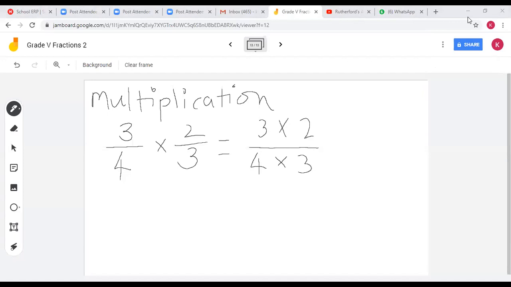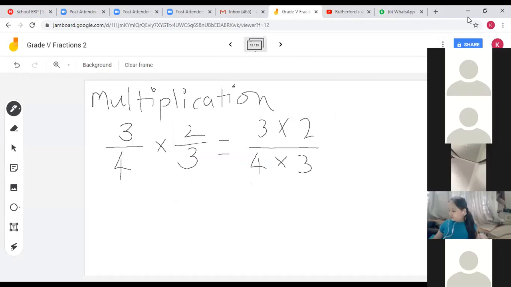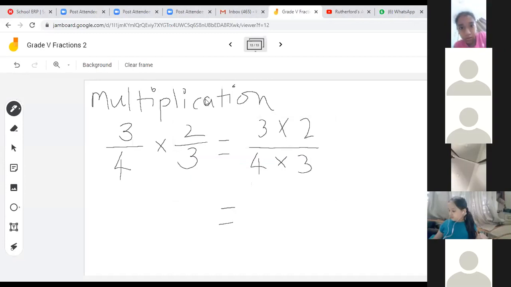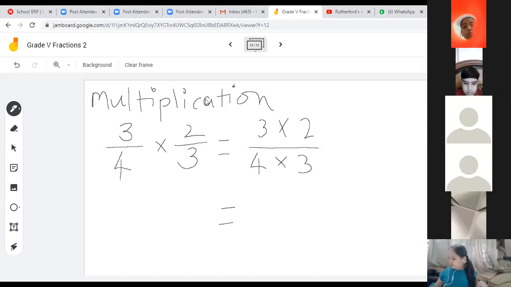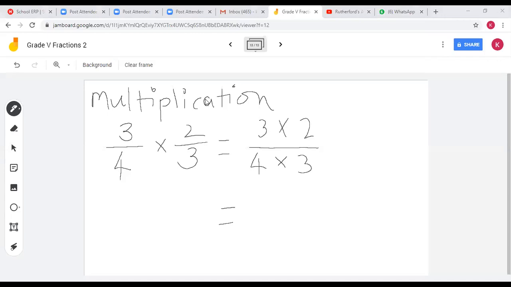Now this is where it gets a little bit tricky. Here we have to see that what is common needs to be cancelled. You remember my rhyme? Common, common, cancel.